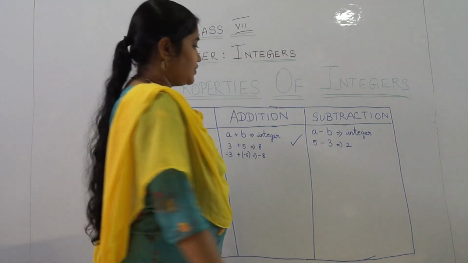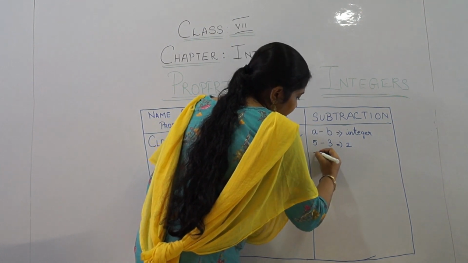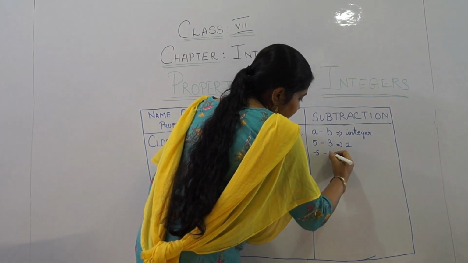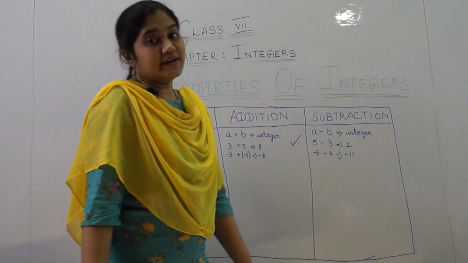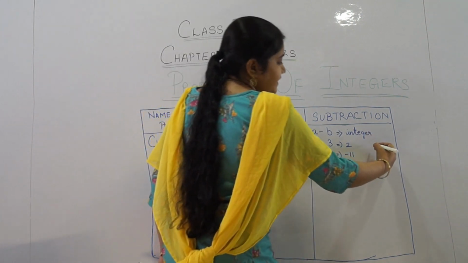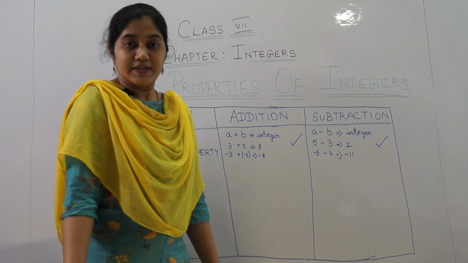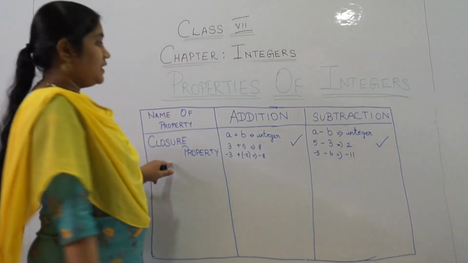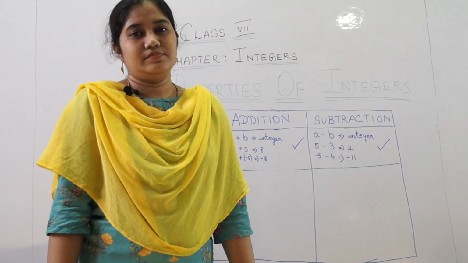Yes, it is an integer. Another example is minus 5 and minus 6, which is equal to minus 11. Again, a negative number is also an integer. So shall we conclude by saying that the closure property holds good for subtraction too? Yes, so the closure property holds good for addition as well as subtraction.